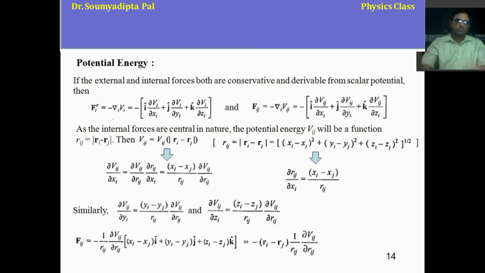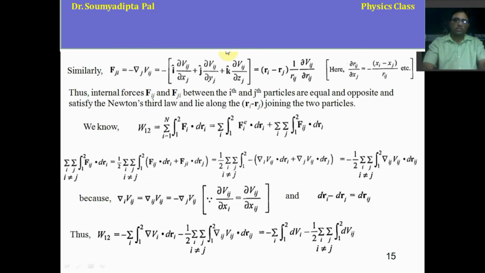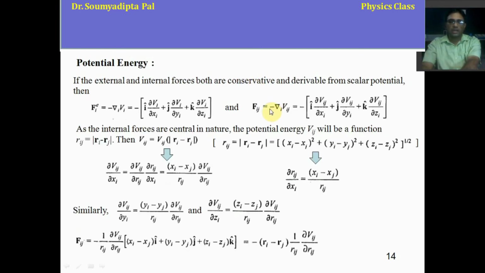Now here Fij is like this, that we are getting. Now if we write Fji, that means the internal force on the jth particle due to the ith particle, from j to i, there will obviously be a minus sign, due to the nature of the potential.